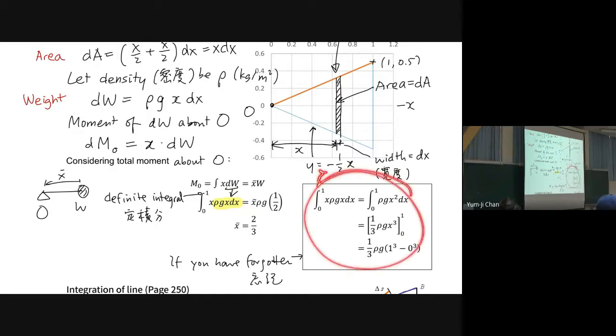Okay, and then W is equal to rho g A here. W is equal to rho g A, and of course A is equal to 1/2.